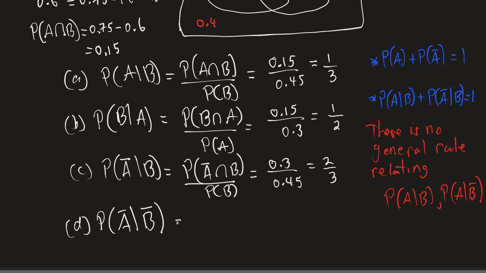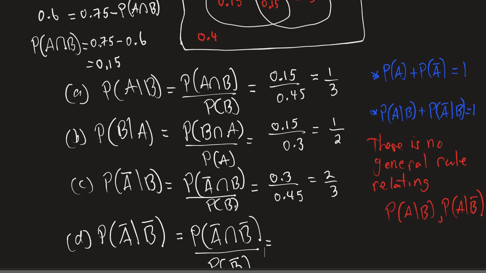Well, again, you can reason it out in your mind by adjusting the sample space like we did earlier, but often I think the best approach is just to use that simple definition. So we're going to write this down as the probability of not A and not B divided by the probability of not B. Right?